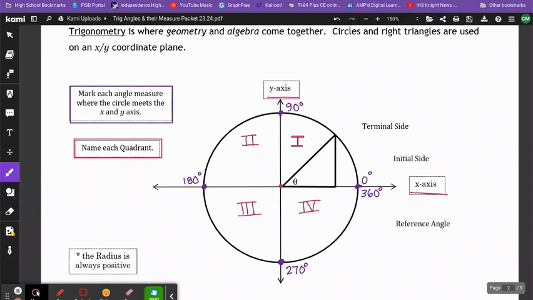Okay, no matter what, these are the names of the quadrants, and regardless of how we are forming angles around the circle, the quadrants' names are going to remain the same no matter what. And we use Roman numerals to indicate the quadrants.